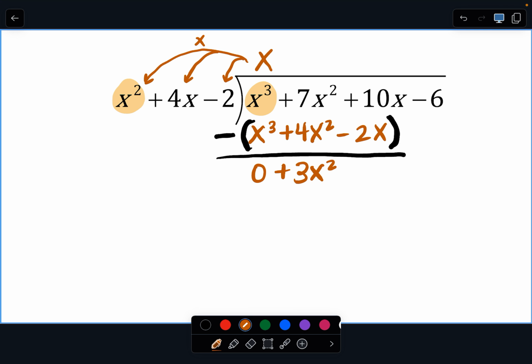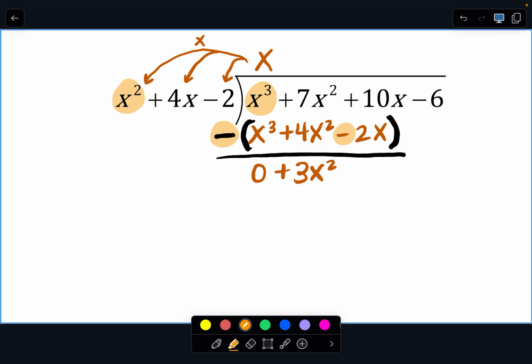And what happens, well, before I get there, what happens when I subtract a negative number? It gets bigger. It becomes a positive. 2 negatives make a positive. So instead of this being 10 minus 2x, it's actually 10 plus 2x because I am subtracting a negative number.